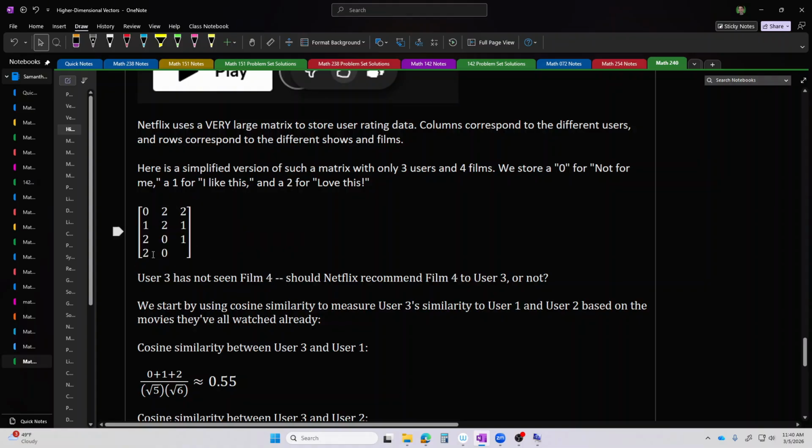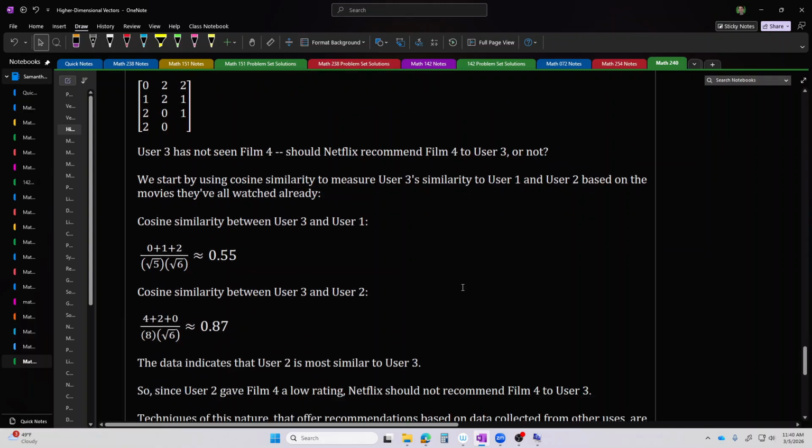Do we think that user 3 will like film 4, or do we predict that user 3 will dislike film 4? That is the question. To make that decision, we're going to use cosine similarity, which we introduced briefly in the previous lesson.